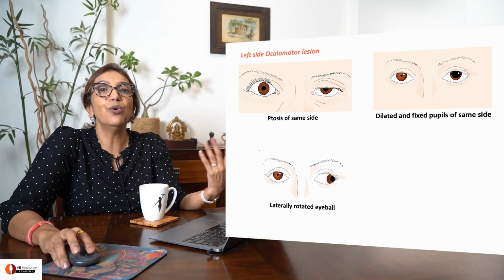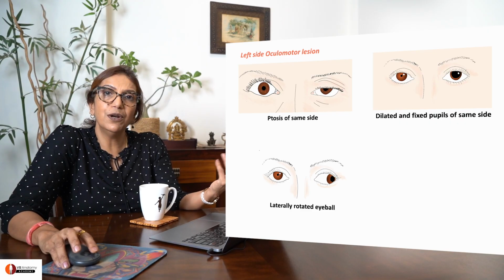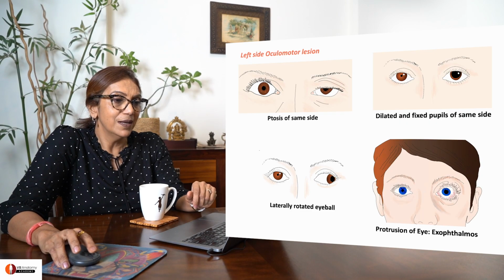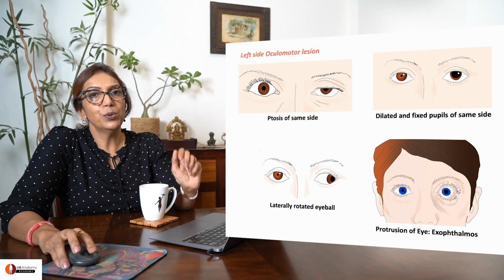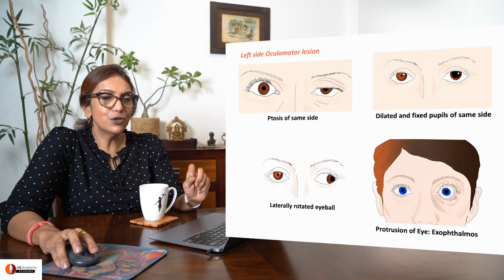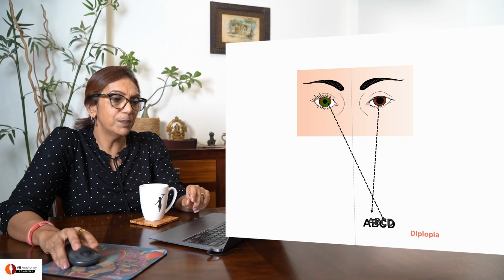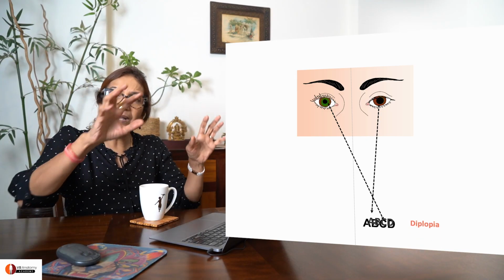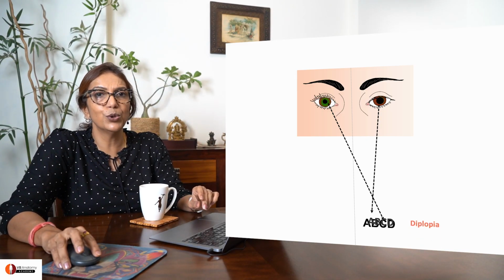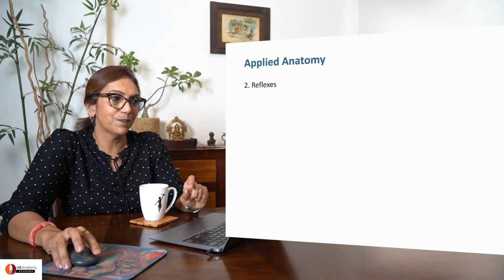It will therefore overact, causing lateral rotation of the eyeball. The eye will protrude out a little bit, and the affected eye tends to show exophthalmos. Finally, when the patient tries to focus on any object, the patient finds himself having double vision, or diplopia. So, all these are symptoms of oculomotor palsy of that side.